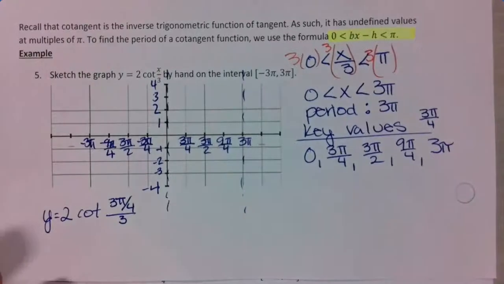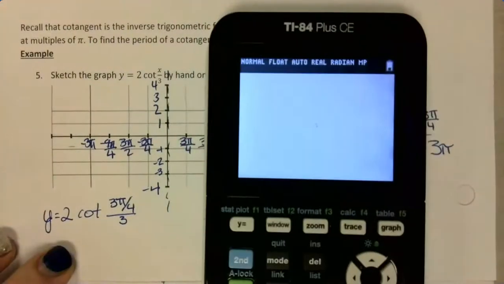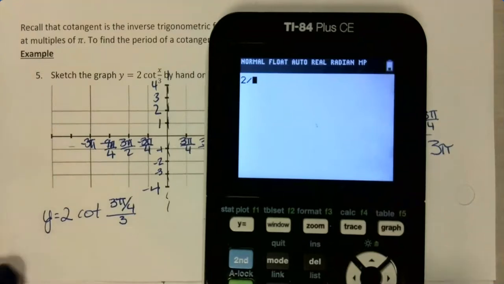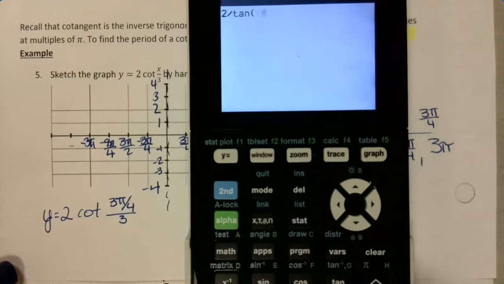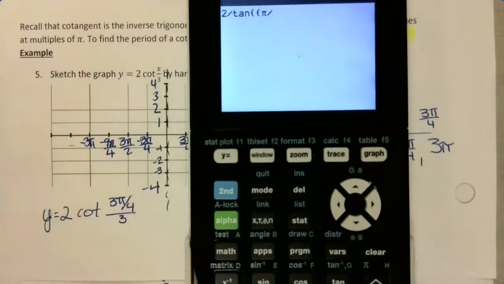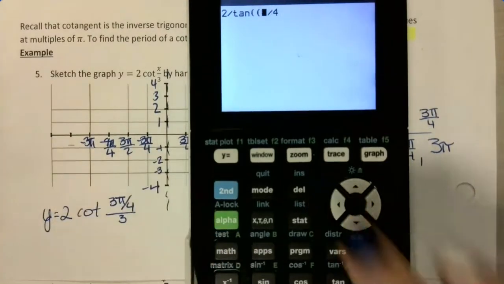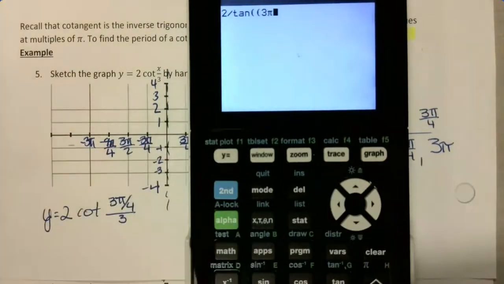So when I type this one into the calculator, the way I do this is I'm going to do 2 divided by, because there's no cotangent button. So I'm going to do 2 divided by tangent. And then I'm going to do parentheses 3 pi fourths. Close off that first set of parentheses, and then divide that by 3.